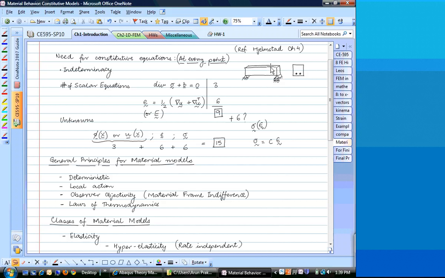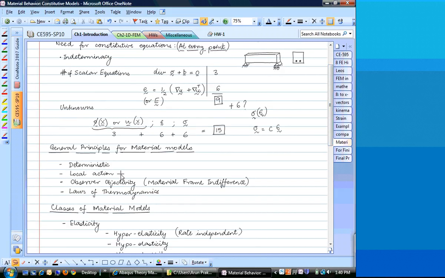Whatever has occurred in the past at that point, the current material behavior will depend only on that and its own location. That's all that the principle of determinism says. It seems fairly obvious, since how can something depend upon something in the future? But mathematicians make a big deal out of this.